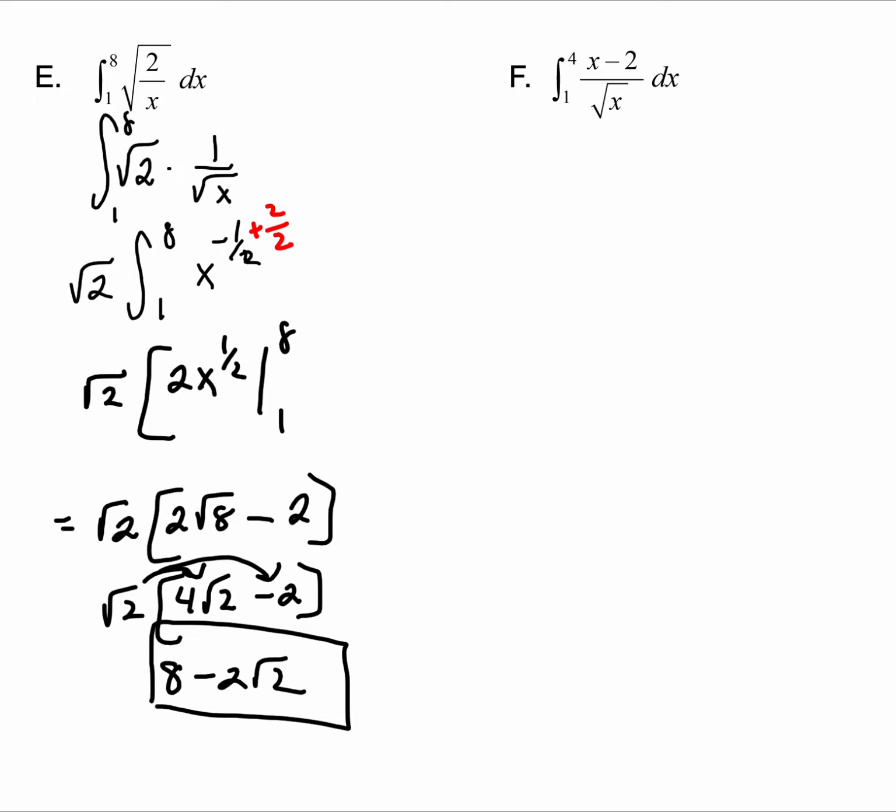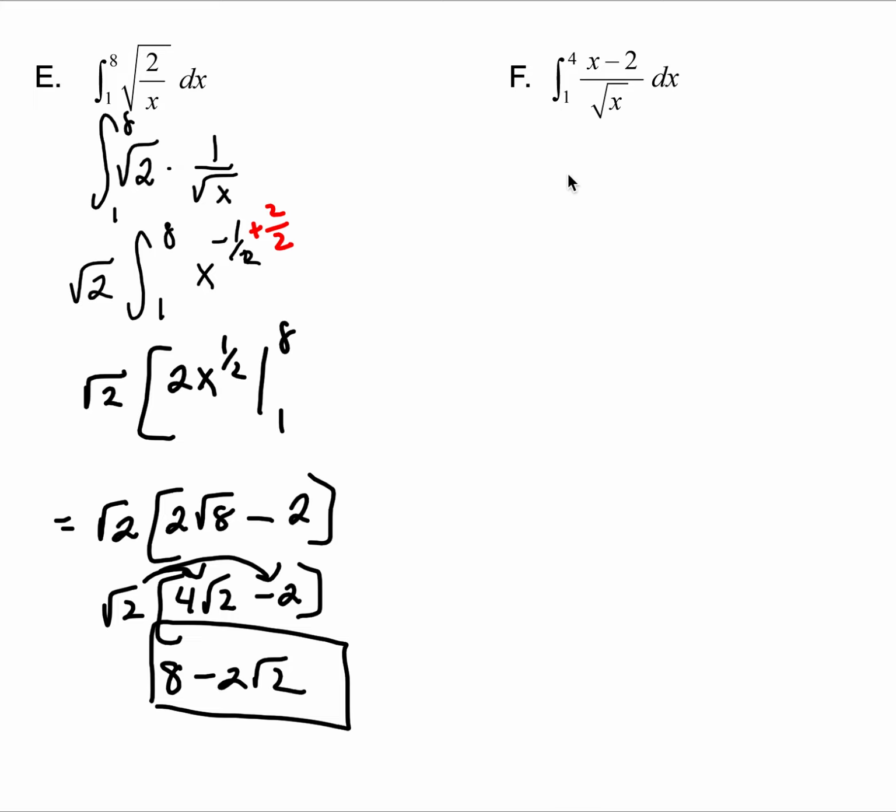All right, let's look at this one. Again, looking at the tricks from the previous lesson, we're going to apply the trick here where we say, hey, you know what, we have a rational function. Let's express it as 2 fractions in this case. So we would have x over the square root of x, or this would just be x to the 1 minus 1/2 power.